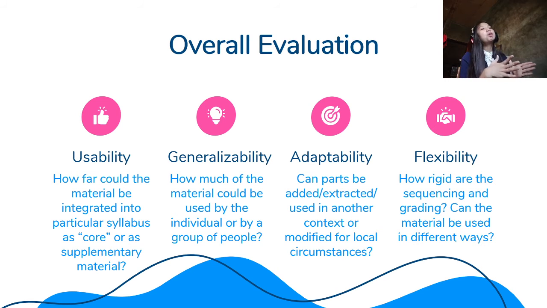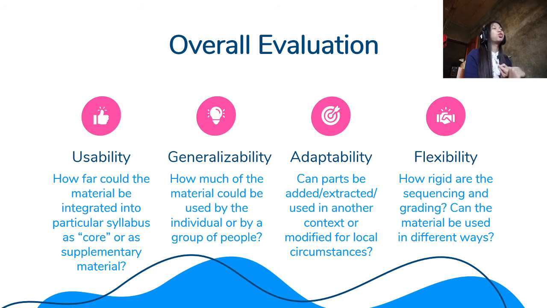Okay, when we talk about usability, the instructional material should answer how far could the material be integrated into particular syllabus as core or as supplementary material. Is this material included for the core materials, or is it just supplementary materials? So mostly instructional materials that are just printed shortly fall under supplementary materials.